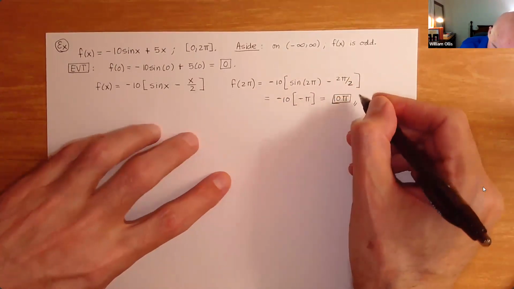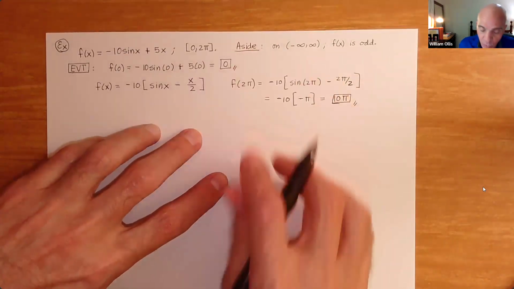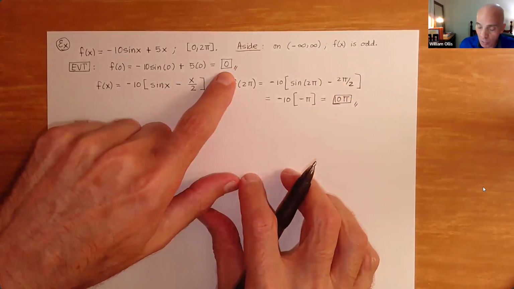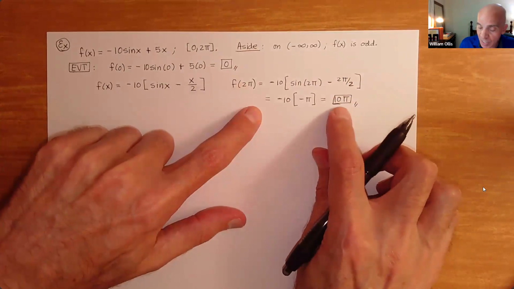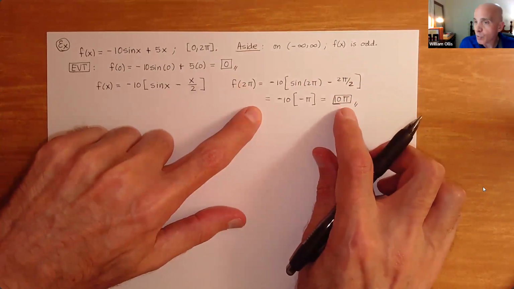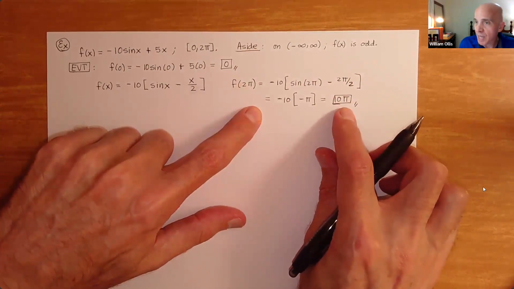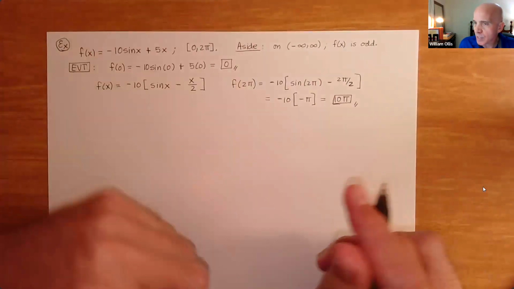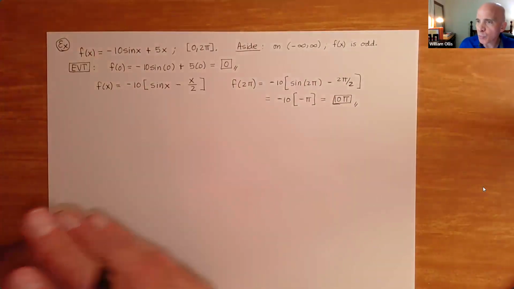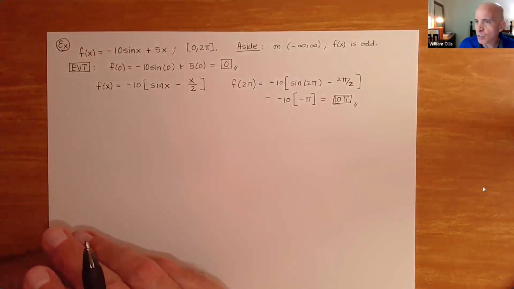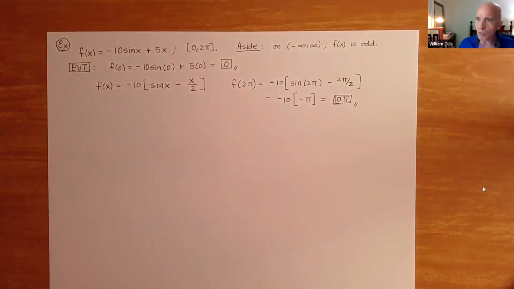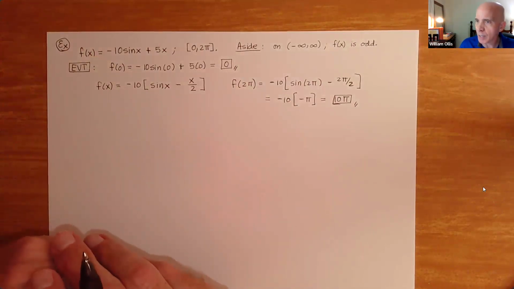So these are the endpoints. Notice we have a 0 at 0, and we have this value, 10 pi, again, 3.14 times 10. So that gives us a rough approximation there. We'll often use 3 and 3.14 to do some crude approximations just when we need ballpark figures, okay?